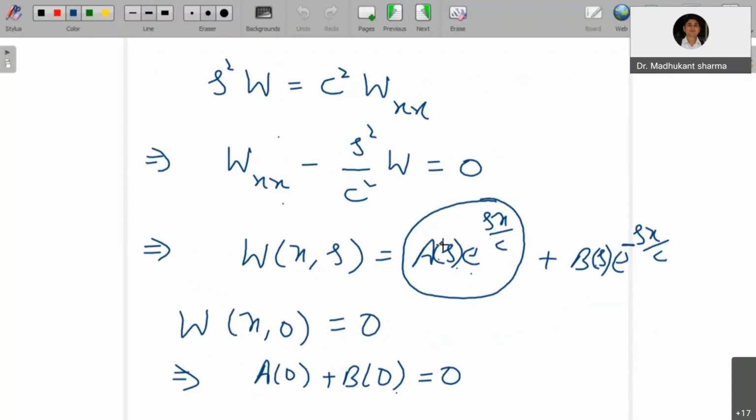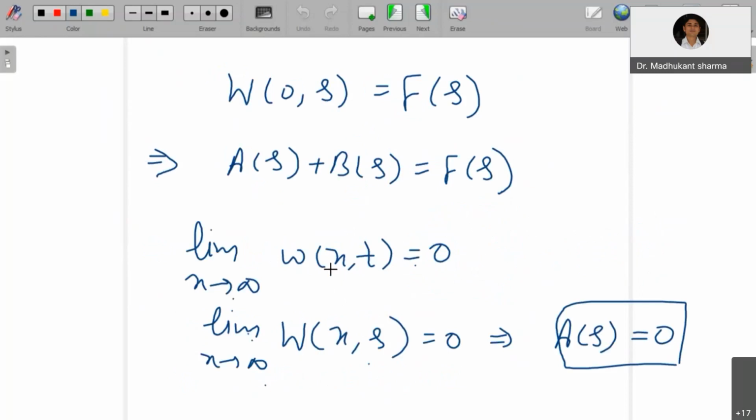This arbitrary function a of s must be a 0 function. Otherwise, this will grow. And this is tending to 0 as x tends to infinity. So b of s will not give you much trouble. Whatever a of s will be, this term will not be involved. So this implies a of s is 0.